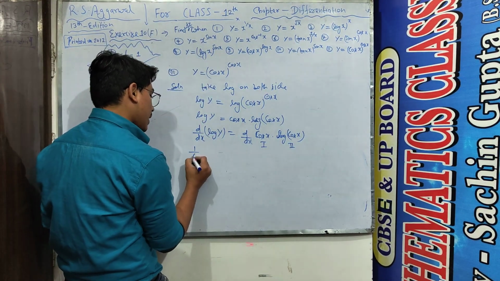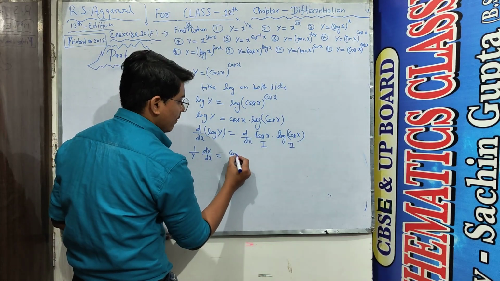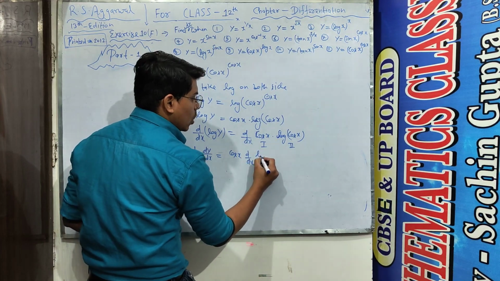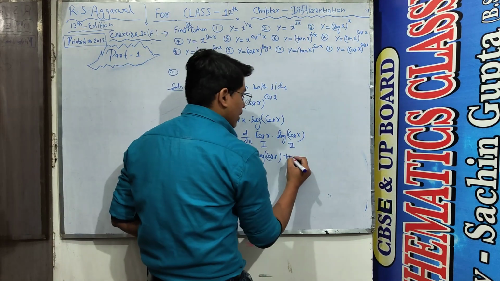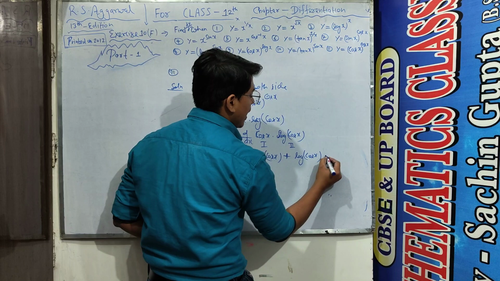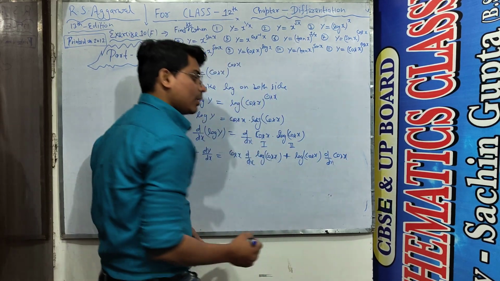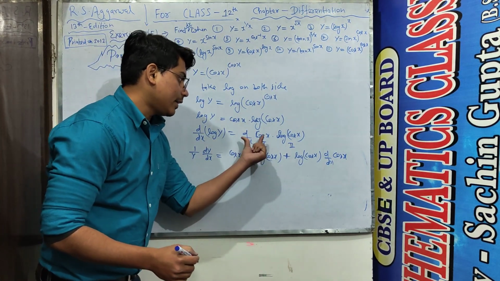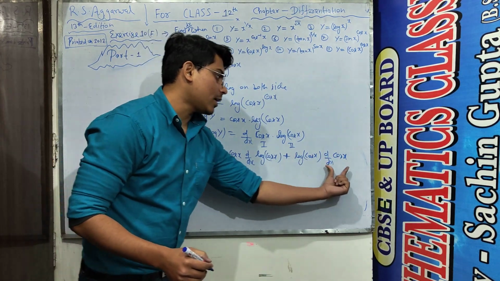Now the differential of log y is 1 upon y dy by dx, and here we apply the first-second rule. Cos x comes as it is, and I differentiate log cos x the first time, and in the plus, log cos x I write as it is, and I differentiate this cos x, which is the rule of differentiation. I tell you again: first d by dx of second, and second d by dx of first.